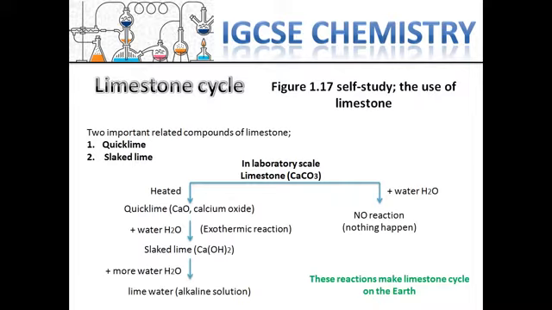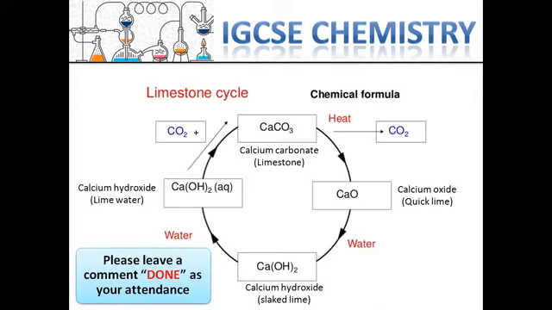So here you can see that we can use limestone for further reactions and get quicklime, slaked lime and lime water. This process can be carried out in laboratory scale, in the laboratory environment, but actually these same reactions happen on our earth, in our daily life. So we have a limestone cycle on the earth.